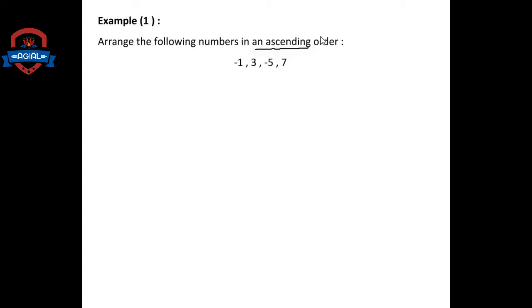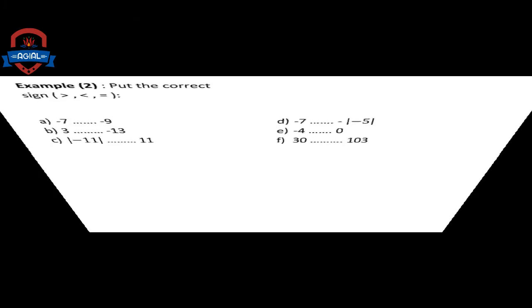We have -1 and -5, and the smallest number here is -5. So we have -5 less than -1 less than 3 less than 7. So the ascending order is -5 less than -1 less than 3 less than 7.